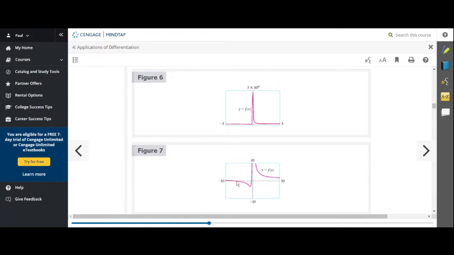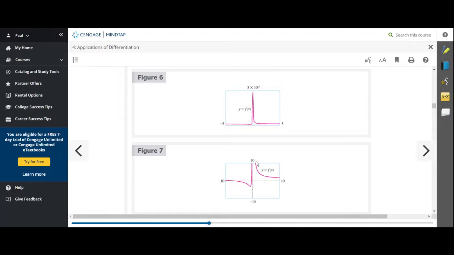I'm looking at figure 7 now. You can see the function starts to decrease. It's concave down. And then it increases, and it appears to be concave up.